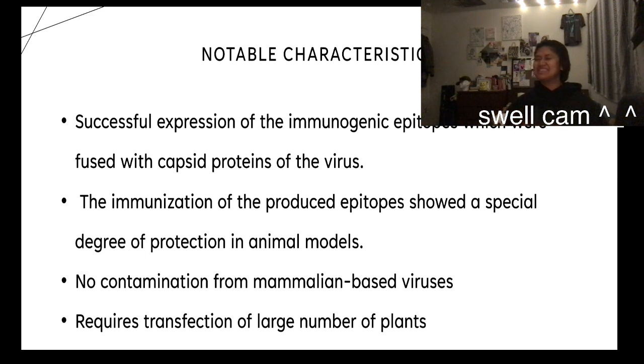So essentially this means your process was working. With the immunization of the produced epitopes, it showed a special degree of protection in animal models. So this means that it's working.